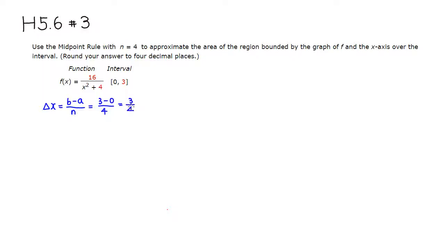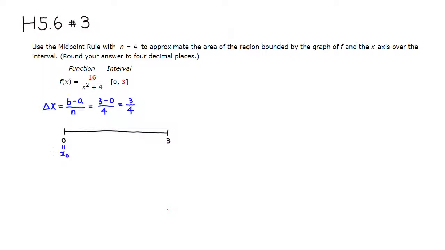So we got that. We have an interval from 0 to 3, and delta x is 3 over 4. 0 is the same thing as x0.